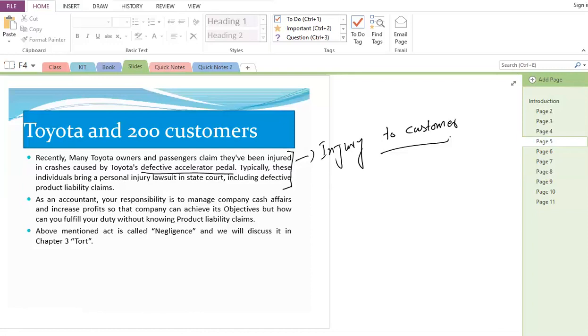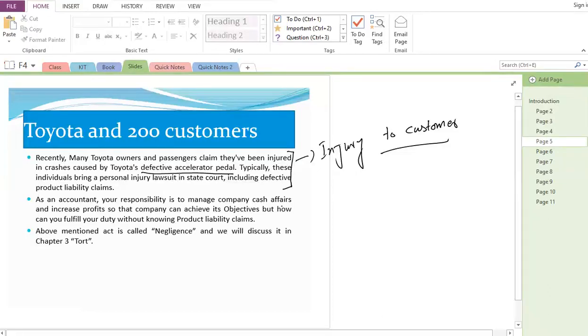But the accountant should be aware of the relevant laws due to which the company's expenses can be increased. As an accountant, our responsibility is to manage the company's cash once again and to increase the profits. But how can we increase the profits or achieve our objectives if an accountant is unaware of the manufacturing defaults, or the production department is not working correctly, and the product has certain types of defects?